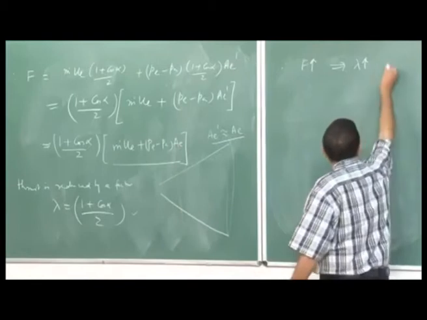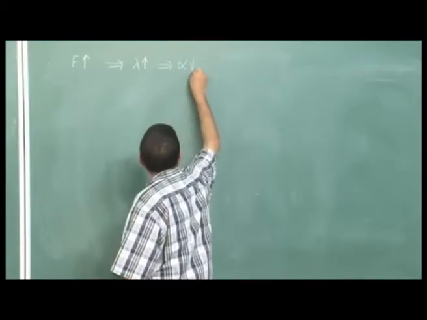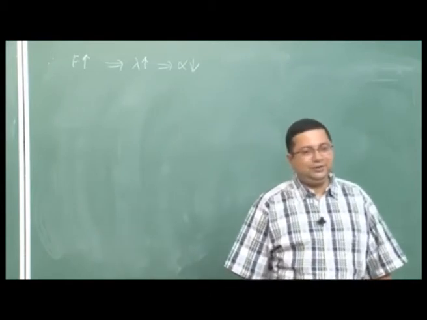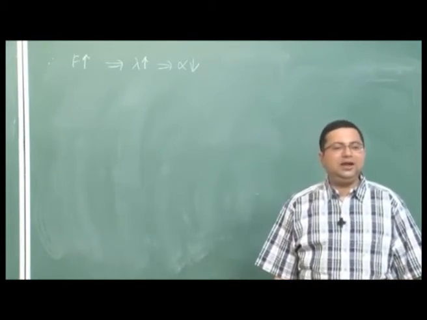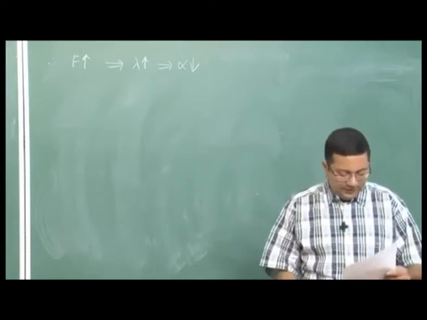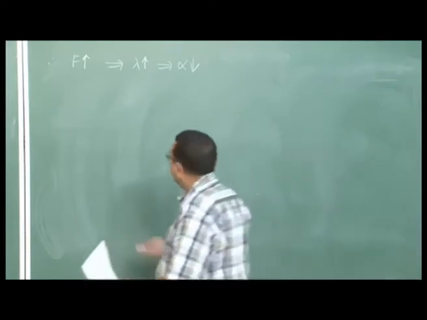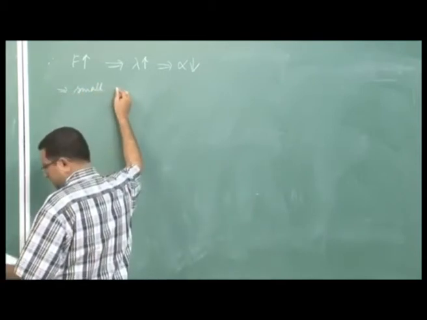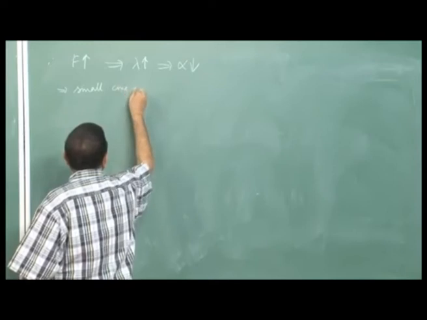Therefore, by reducing alpha we can increase the thrust. So for a conical nozzle, we can increase the thrust by reducing the half angle alpha. Therefore, we would like to have small cone angles.